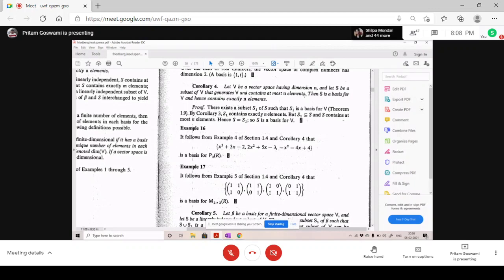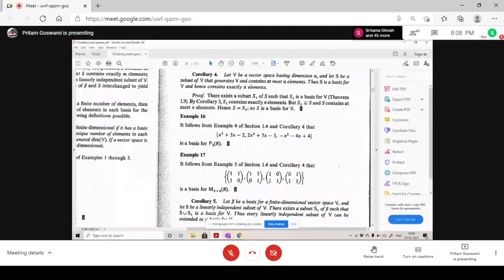Then if S generates the whole space V, S cannot have fewer than n elements, so S will have exactly n elements, and S is a basis. You can assure that. This is corollary 4. So S must have n elements, and S is a basis also. Clear? Okay.